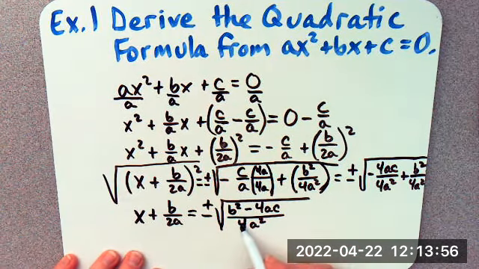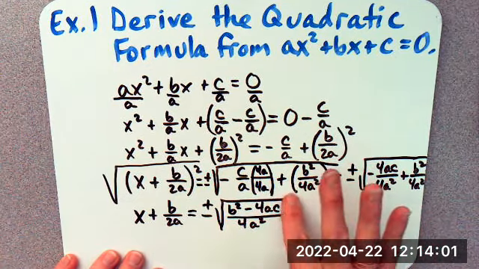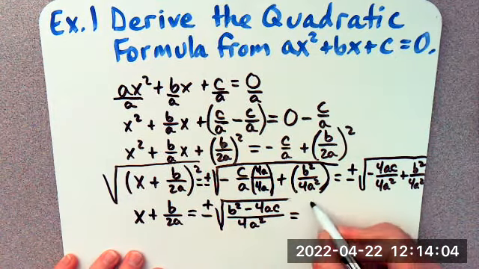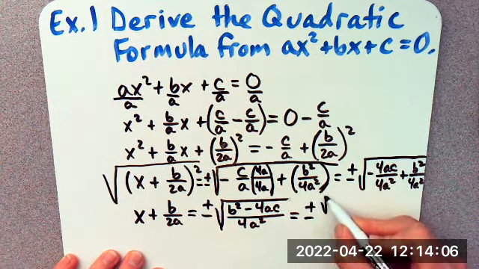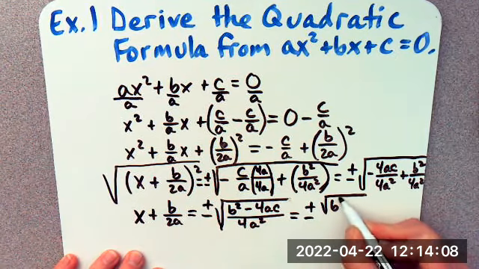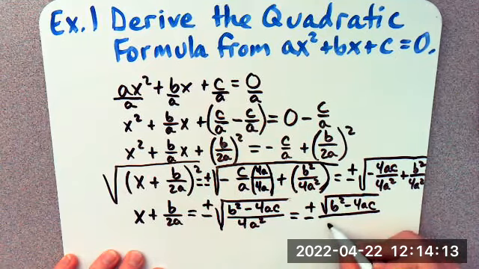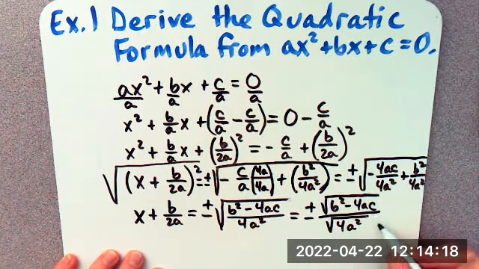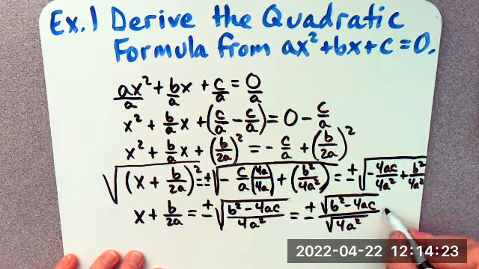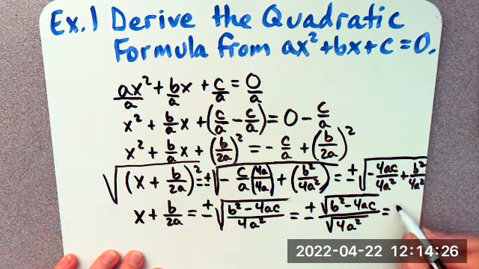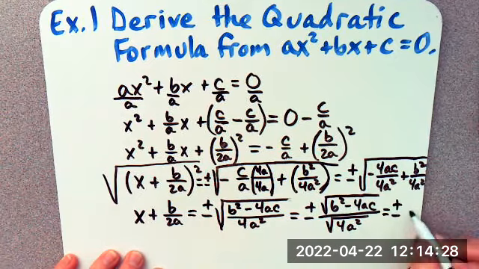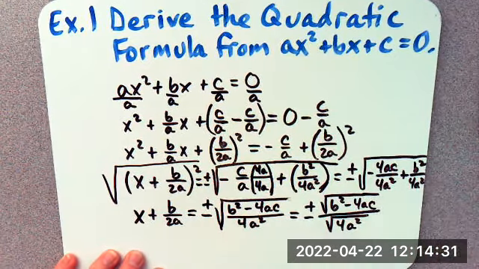All right, so we know 4a squared is a perfect square there, so we could just take this out and break this into two different radicals. We could do the radical on top, b squared minus 4ac, and then we could do the radical on the bottom of 4a squared. Well, we know the square root of 4 is 2, so this just becomes plus or minus, we ran out of room, so let's move over here.